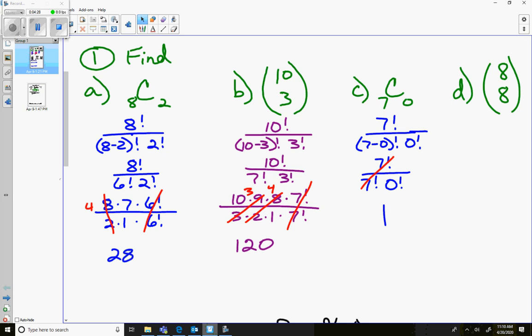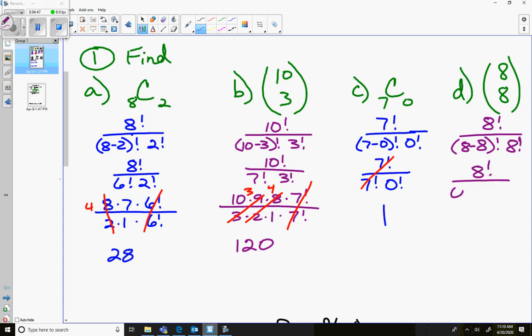All right, and last one, 8 choose 8. So 8 factorial over 8 minus 8 factorial, 8 factorial. So I've got 8 factorial over 0 factorial, 8 factorial.